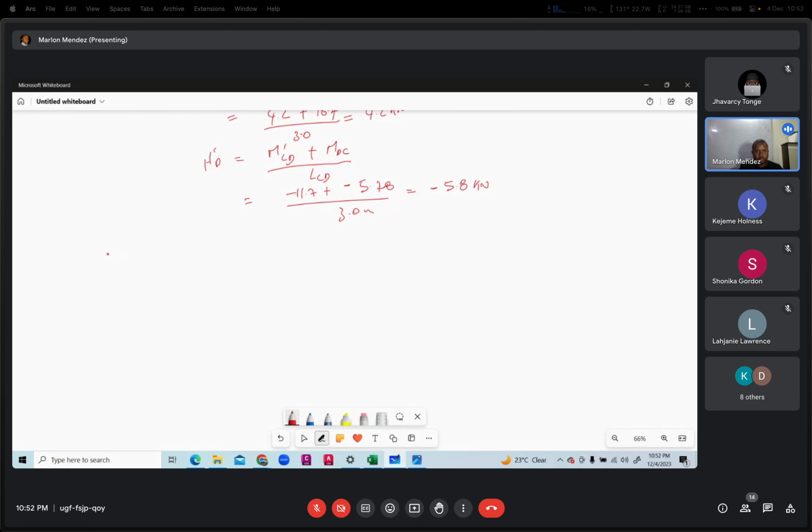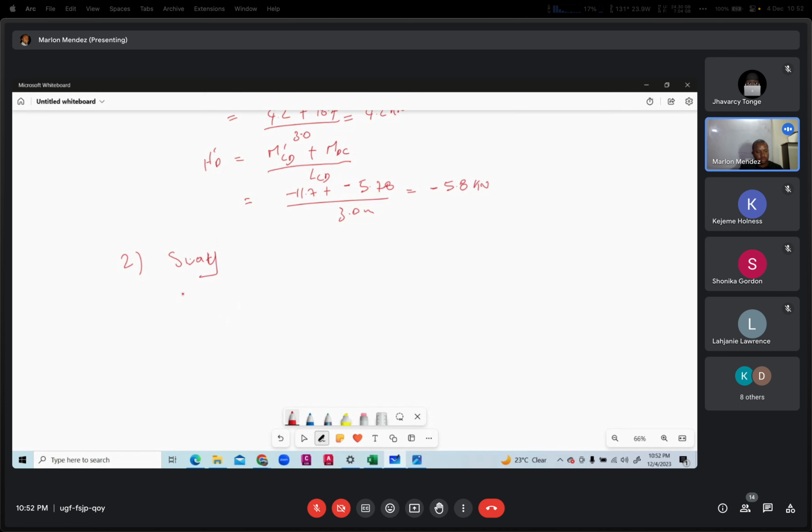So we just looked at problem 1, which is no sway. We're going to look at sway. So we call this 2, and we call it sway. In this sway, we're just going to choose a value. You could choose any number, but ideally you want something not too large in terms of the sway moment.